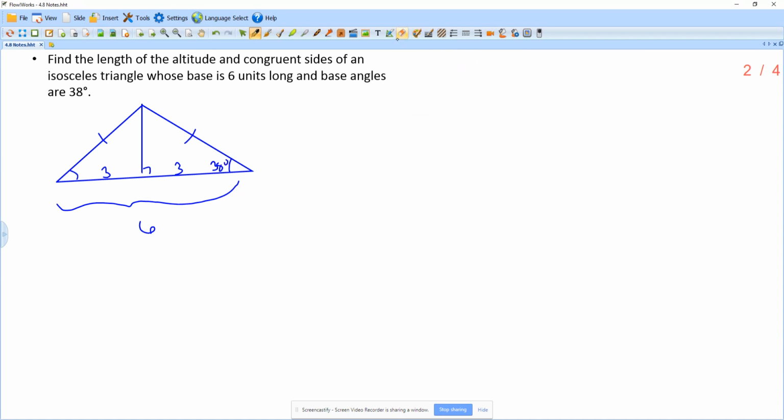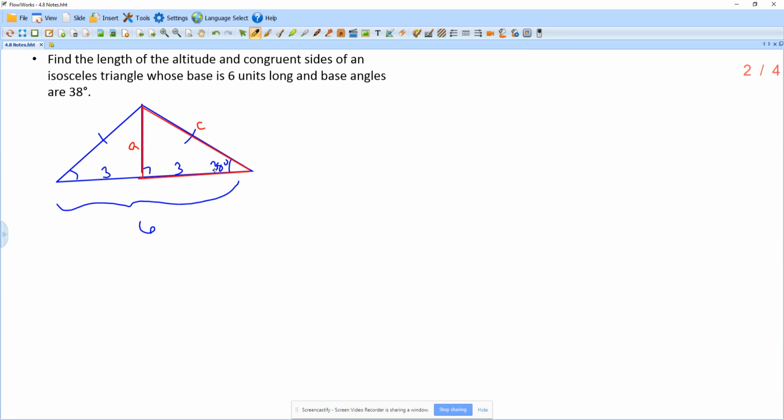So all I personally am going to look at is this triangle. Okay, well, sort of missed that red line a little bit. So now if I'm looking at just this red angle, if I called this side A and side C, I'm looking for the length of the altitude and the congruent side. So altitude, congruent side.